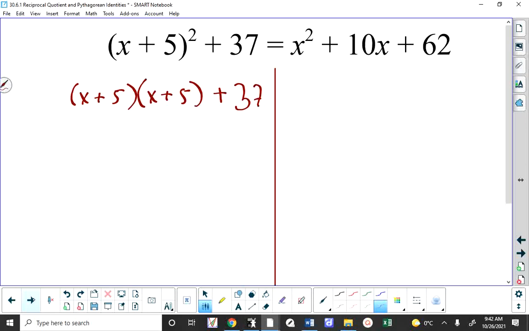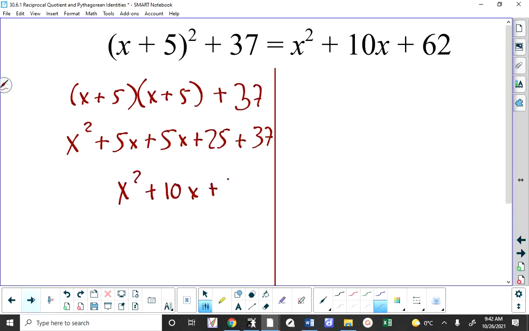I FOIL this out and get x squared plus 5x plus 5x plus 25 plus my 37. I simplify it, x squared plus 10x plus 62. It's the same thing on the right-hand side. So that would be proving that it's true.